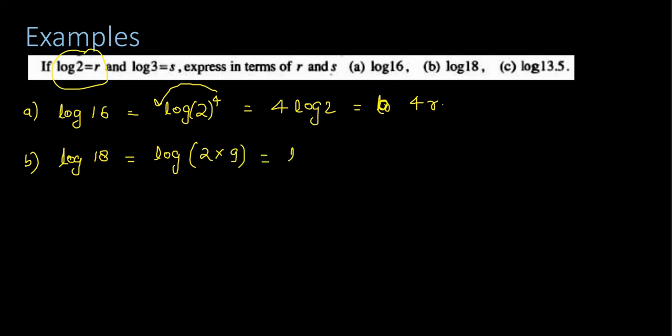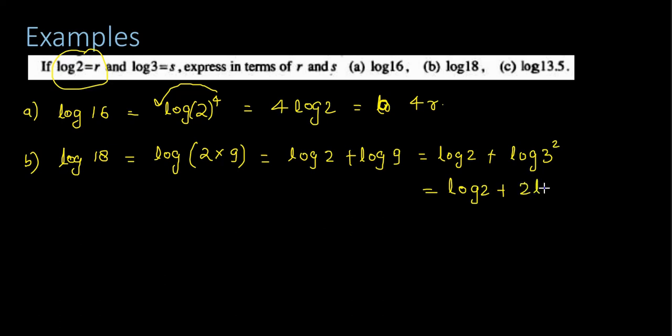Applying the first property, log x plus log y is log xy, so this is log 2 plus log 9. Now log 9 can be written as log 3 squared, because I have to write it in terms of log 3. So log 2 plus 2 log 3. Log 2 is r, and 2 log 3 means 2s.